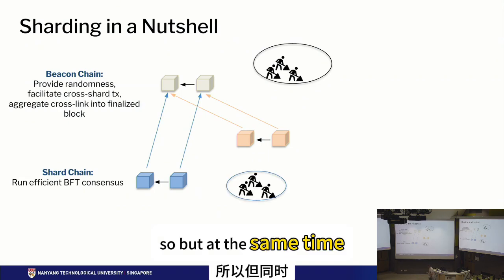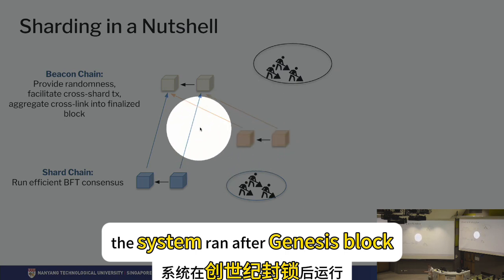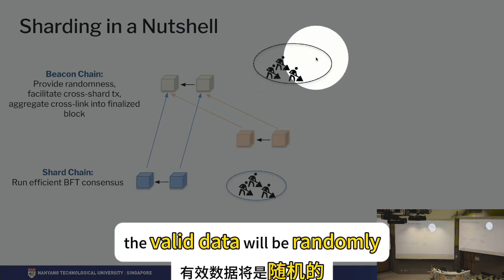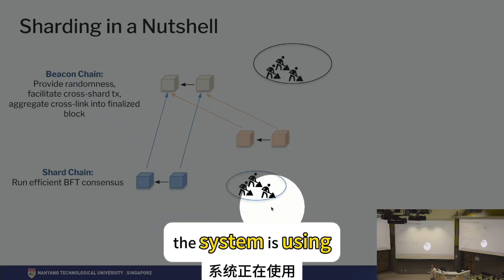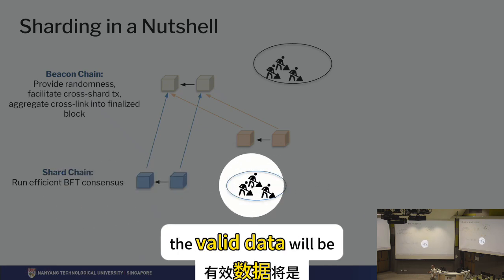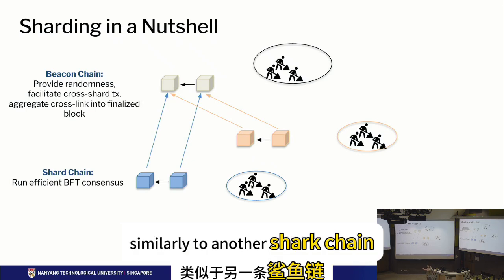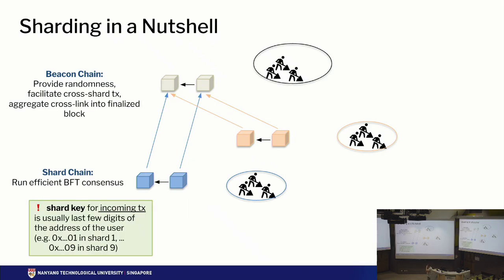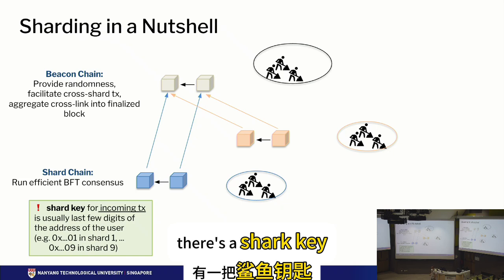But at the same time, when the system runs after the Genesis block, the validators will be randomly or pre-randomly assigned, depending on which algorithm the system is using, to shard chain 2. The validators will come from the validator pool, similarly to another shard chain. And remember back, in databases there's a shard key.